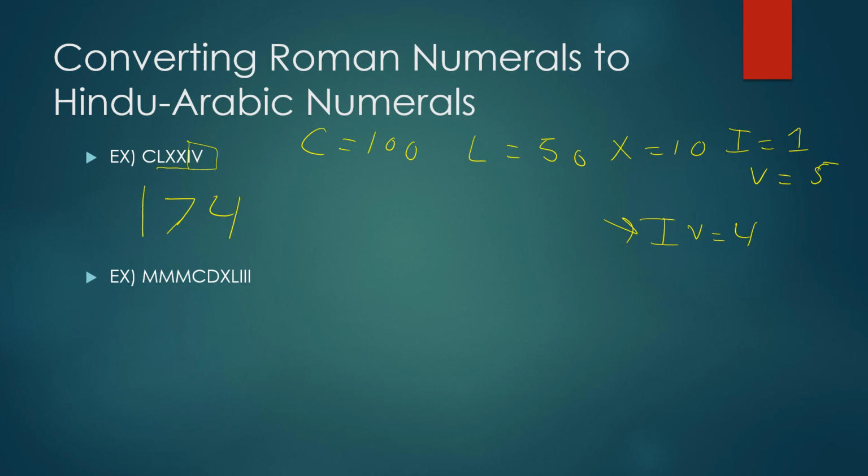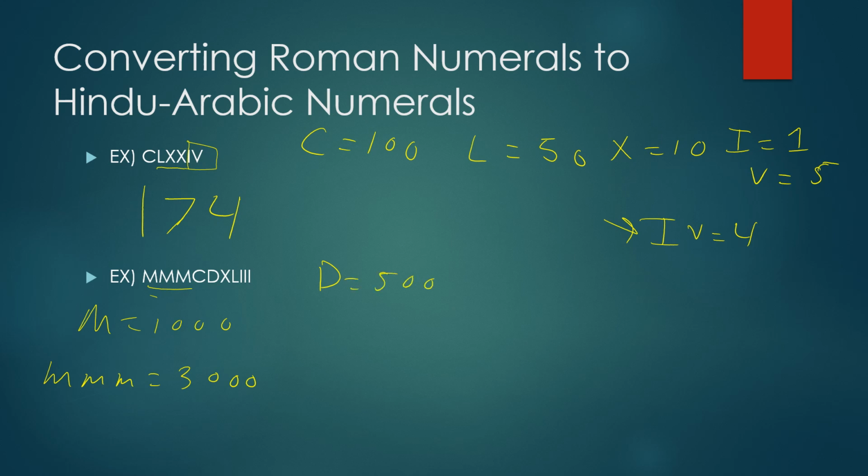Let's go ahead and break down this next number. The M's all represent thousands. So what we have here, since we have 3 M's, we essentially have 3,000. If M is 1,000, then MMM is 3,000. Now we have CD. Remember that C is 100. Well, D is 500.